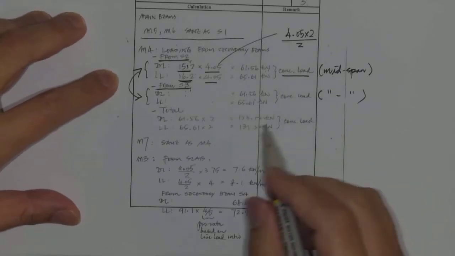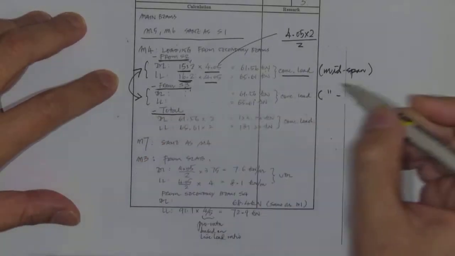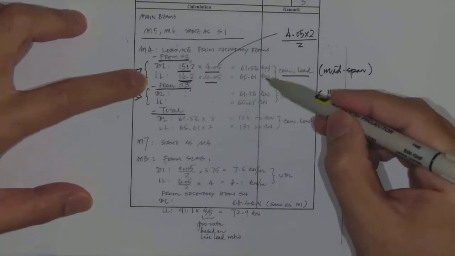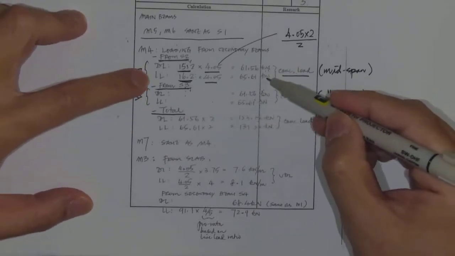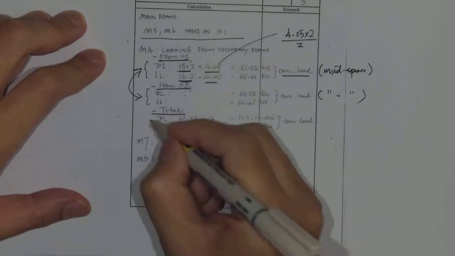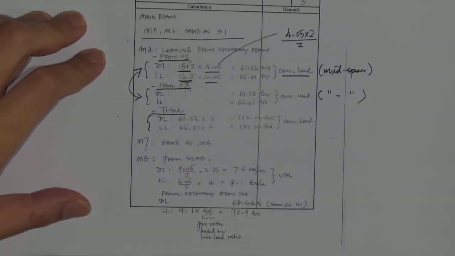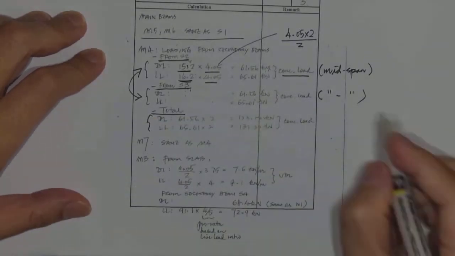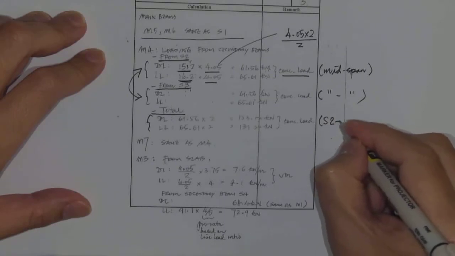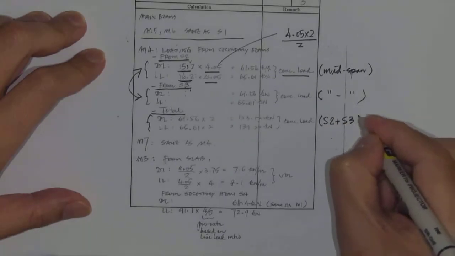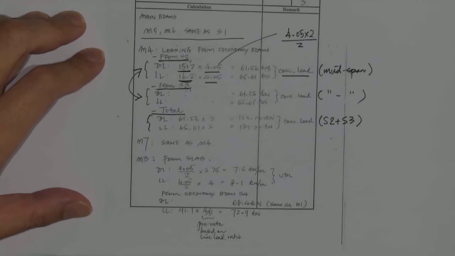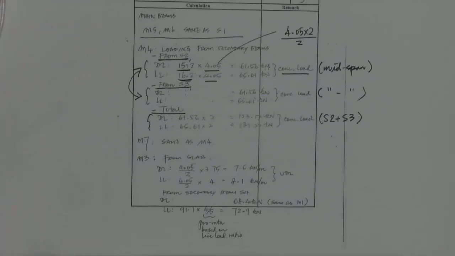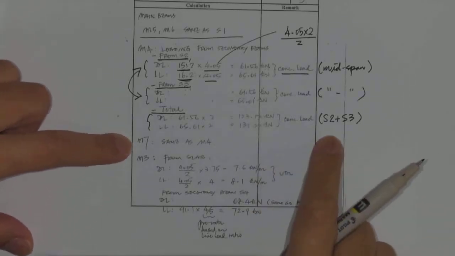And that's why, this time, you can add them together. Add the dead load together. Add the live load together. This is S2 plus S4. Okay.